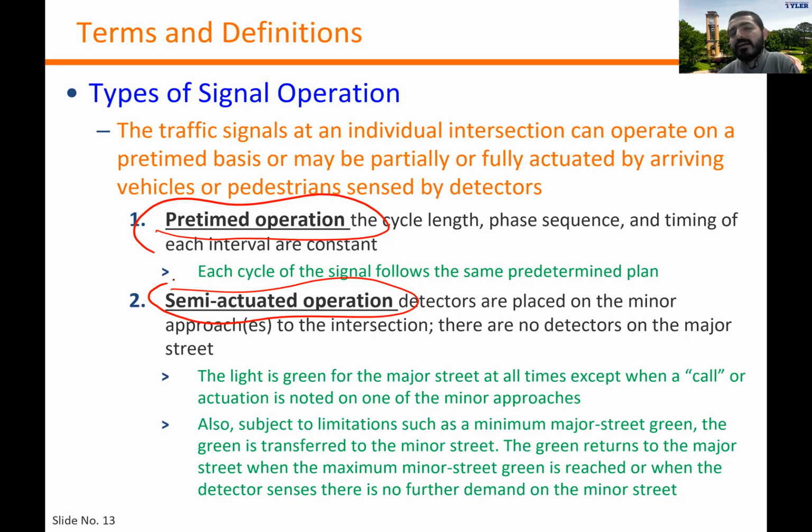That means this intersection doesn't have any load cells underneath the pavement, or it doesn't have any cameras that trigger the change in red versus the green time. And therefore those types of intersections, which are actually most of the intersections, the small ones, those are the small intersections where two local streets are intersecting with each other.